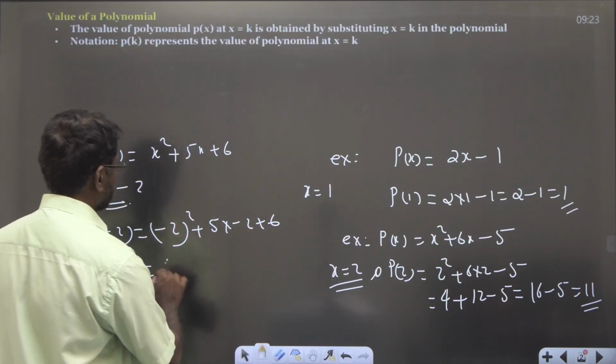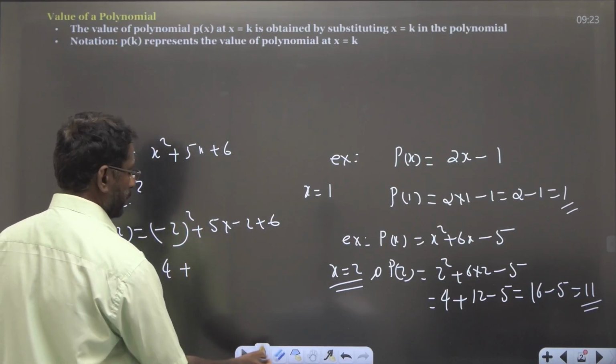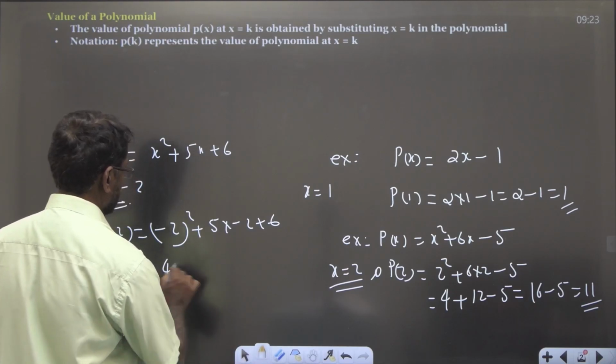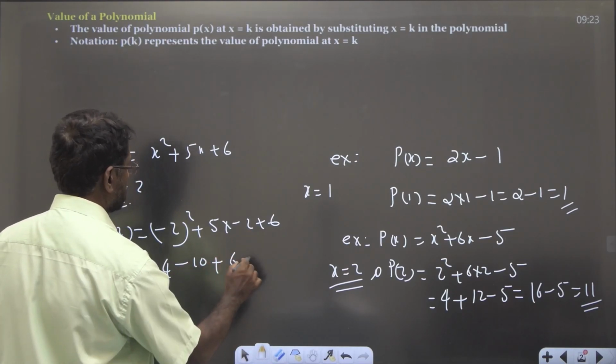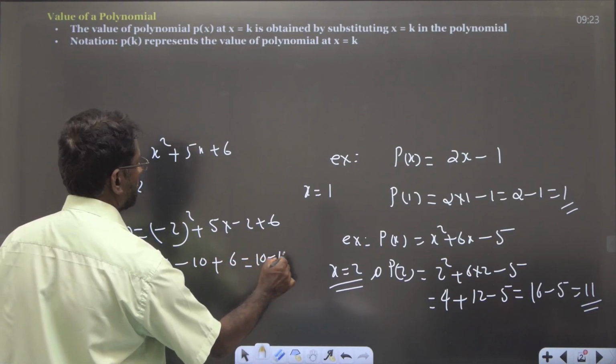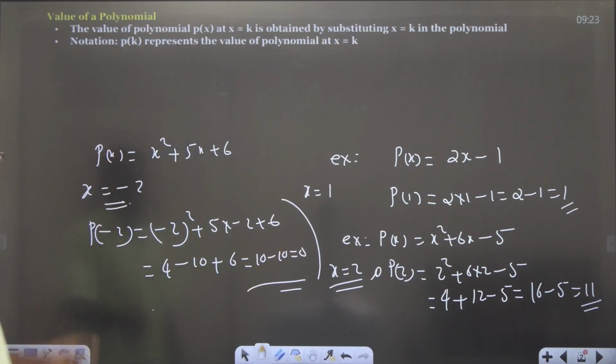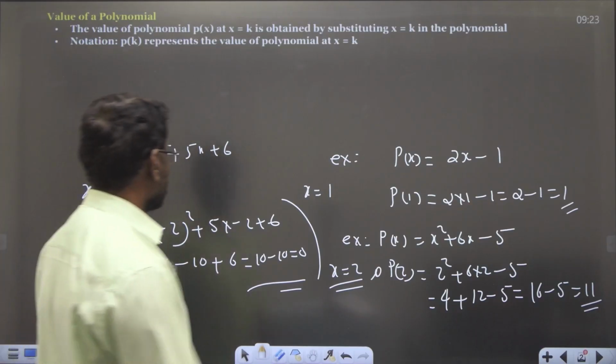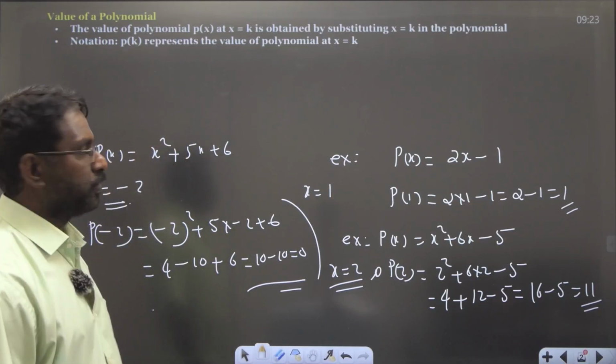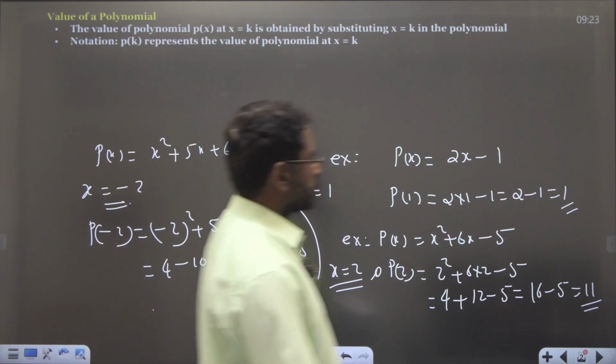Minus 2 square is 4, this is plus 10, plus 6. This is equal to 4 plus 10 plus 6.